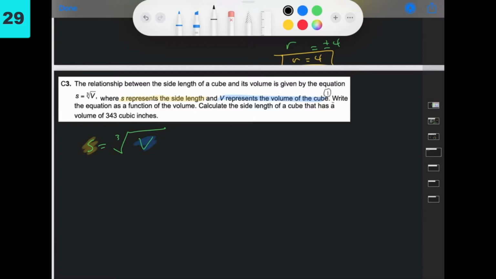Okay, this is step number 1. That just basically means solve for V. Solve for V. Get V by itself. V equals. So let's go ahead and do that together. I'm going to get rid of that cube root by cubing it on both sides.